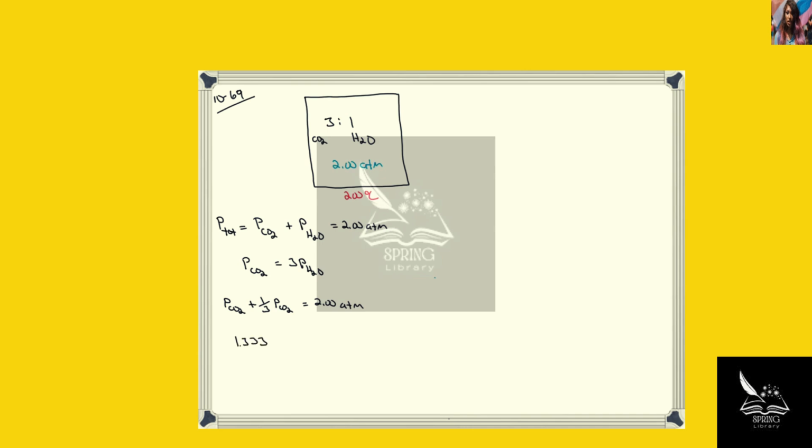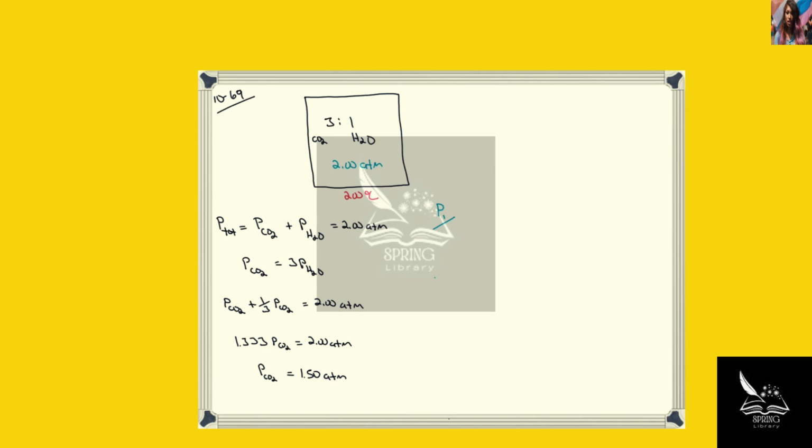This ends up being 1.333, repeating, pressure of carbon dioxide is equal to 2 atmospheres, or under this set of conditions, we have a partial pressure of carbon dioxide that is equal to 1.50 atmospheres. So hopefully it makes sense then that the pressure of water would be 0.5 atmospheres.